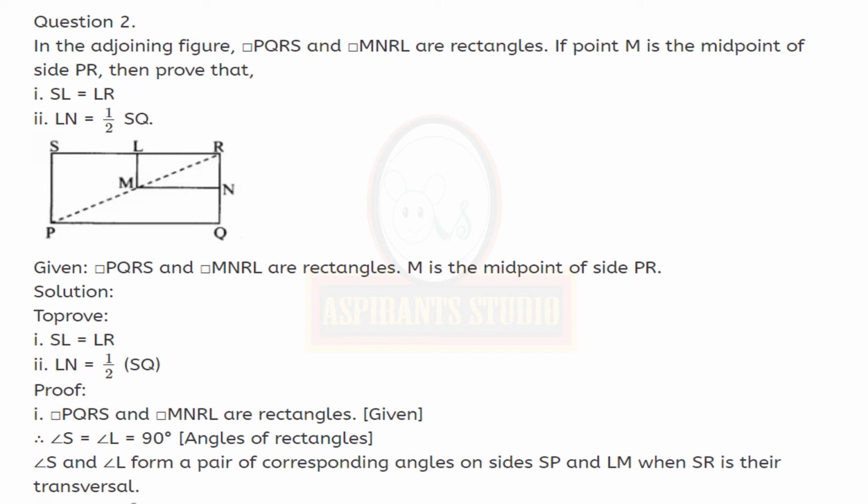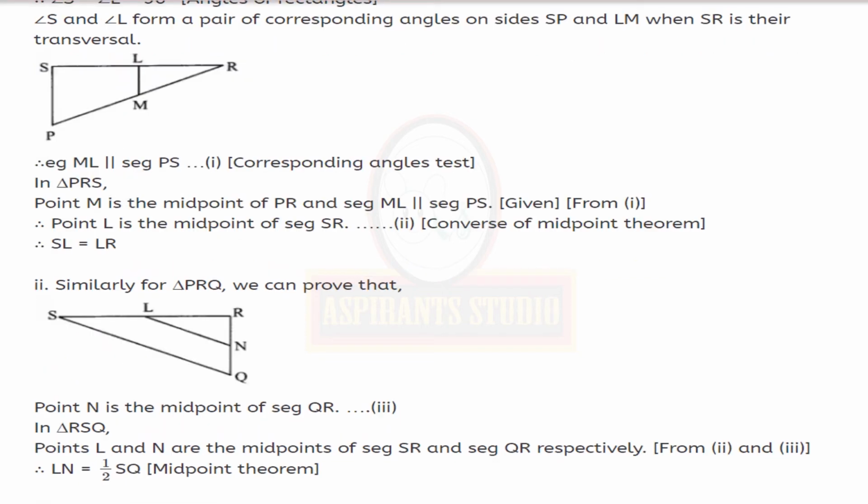Angle S and angle L form a pair of corresponding angles on sides SP and LM, where SR is their transversal. Look at the figure. So you get a figure like this when you take it from the original figure.